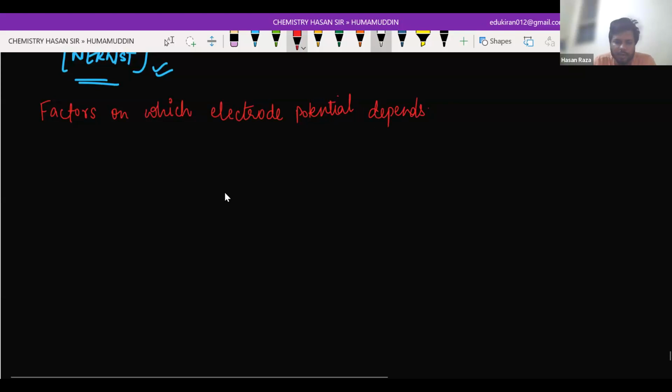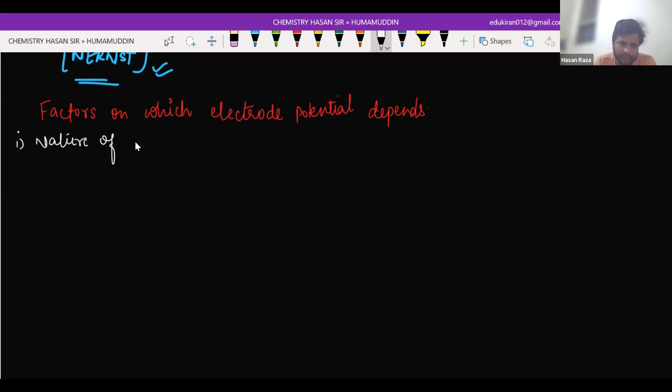Factors on which electrode potential depends. So the first factor on which it depends is the nature of the metal and its ions.